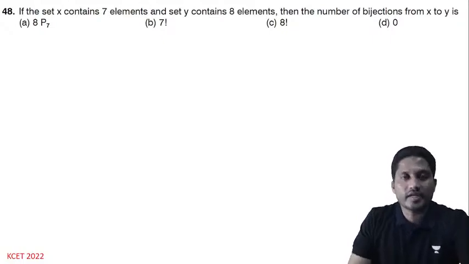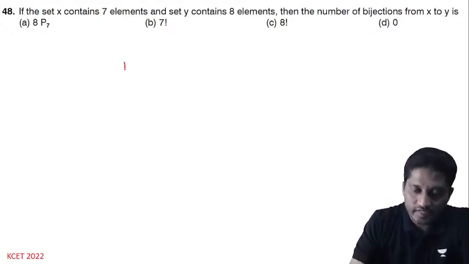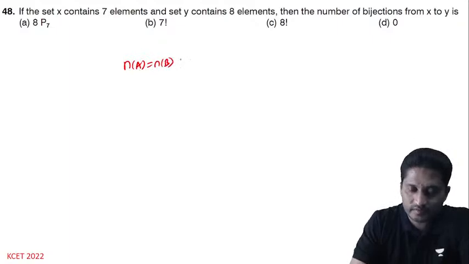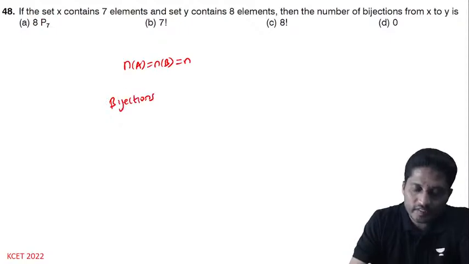Okay, question number 48. See, if n(A) is equal to n(B) is equal to n, then the total number of bijections is n factorial, and 0 otherwise.